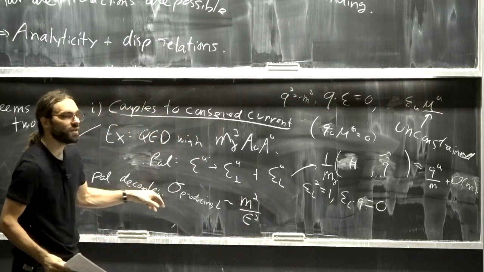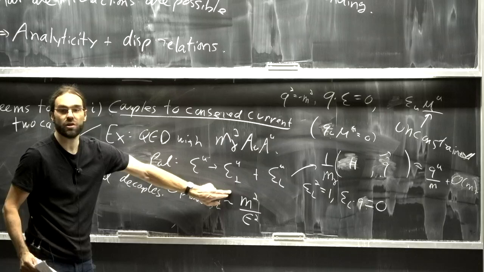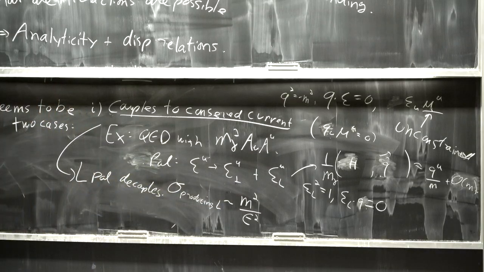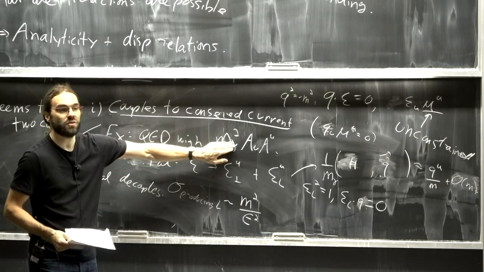So if you have a high energy process, the chance that you produce a longitudinal polarization is almost 0. And that's what happens in QED with a mass term.